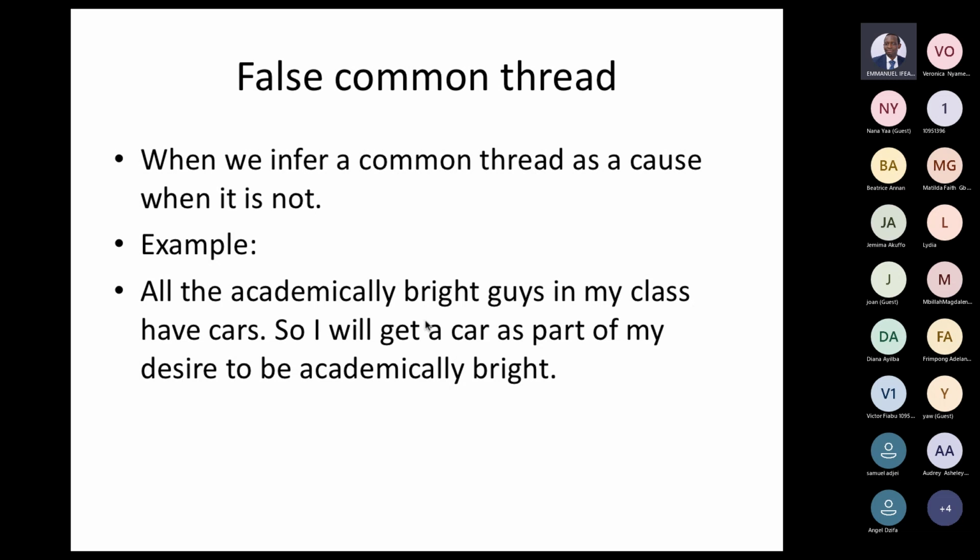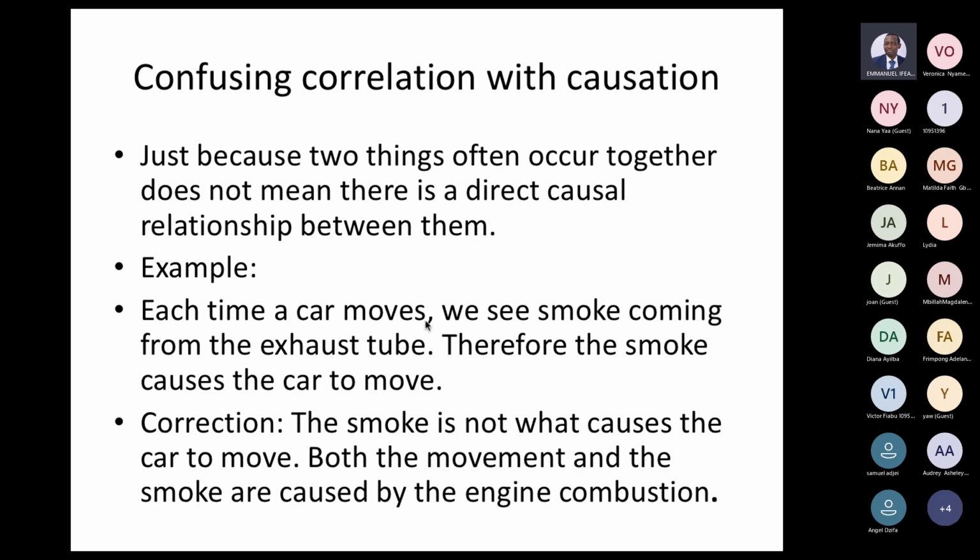And then confusing correlation with causation is to assume that just because two things are always occurring together, then one of them must be causing the other. So correlation is not always causation. Two things can always correlate, but it is not always the case that there is a causal relationship between them.